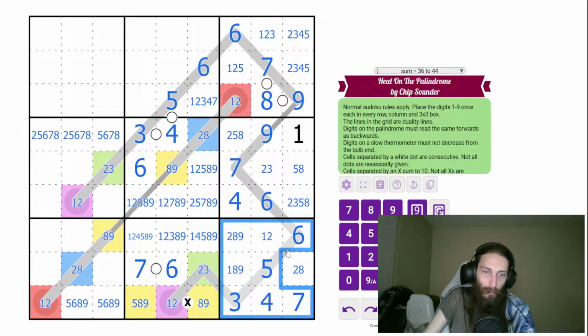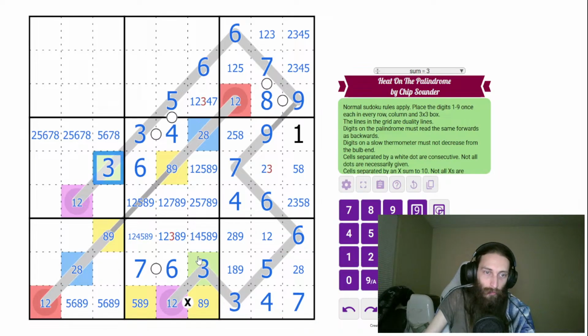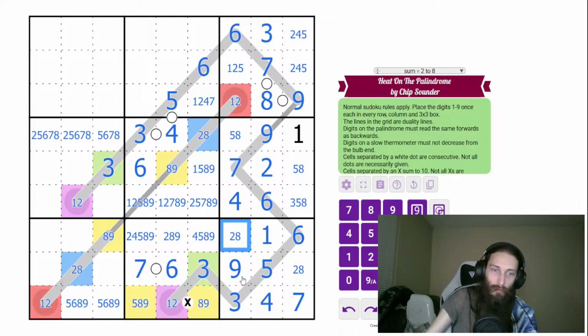But if I look over here, well, I have a 2-8 pair, so that actually gives me 3s, which is going to make things a little simpler. So maybe I don't need to do some painting, because 2-8 pair is going to give me a 9. This ends up being blue.